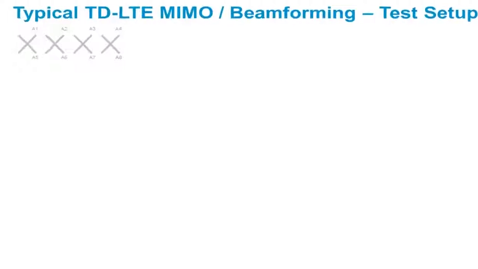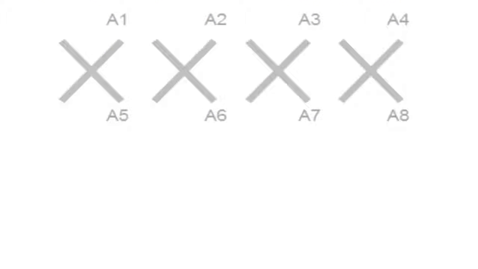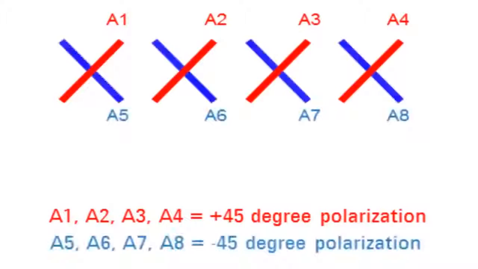A typical 8-element physical antenna configuration used within TD-LTE today is shown. It consists of two groups of antenna elements. Each group is cross-polarized at 90 degrees to each other. Antenna group 0 consists of antenna elements 1 through 4, polarized at plus 45 degrees. Antenna group 1 consists of antenna elements 5 through 8, polarized at minus 45 degrees.